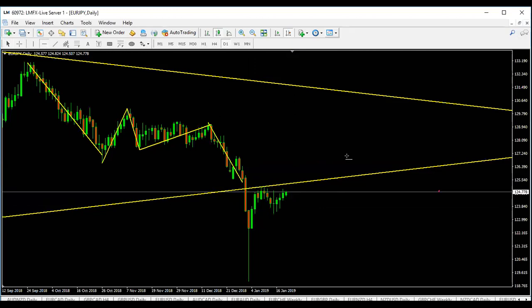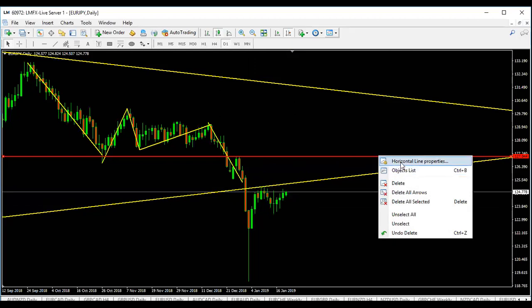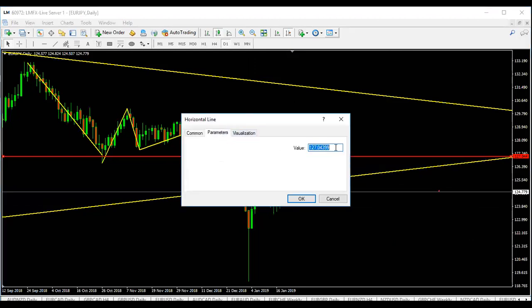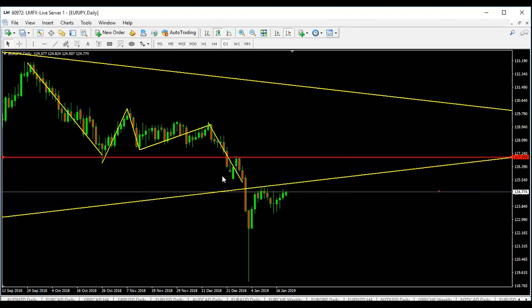Another thing I want you guys to understand is whole numbers as well. So we have a whole number, 127000. In the Forex world, the main point is to see support, resistance, trend lines, and patterns that other traders around the world are seeing.